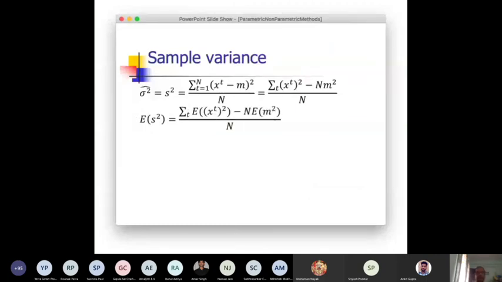So this is what you get, as I was mentioning, that you would like to find out the expectation of your estimate s square, and then you need to find out this. Now, the expectation of the square of the random variable can be related to the variance and expectation of x. This is the mathematical expression once again. Is there any difficulty in understanding this reduction, how the expectation of the square of a random variable is related to its variance and its expectation?